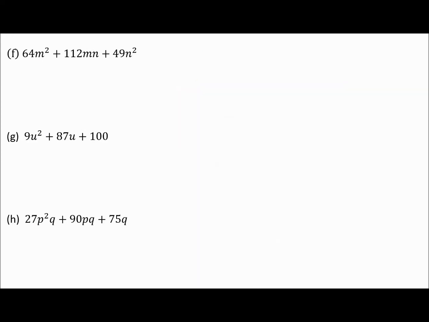Now let's continue practicing in this method. The trick is really going to be recognizing that it's one of these problems. It's not that the method is hard. It's not. It's when you look at this trinomial, you go, oh, this is a perfect square problem. So the square root of 64m squared is 8m. 49n squared is 7n.